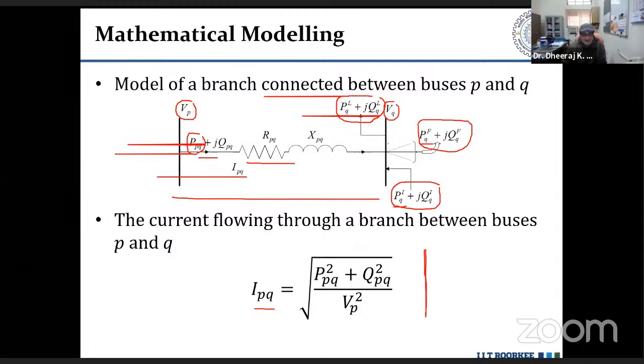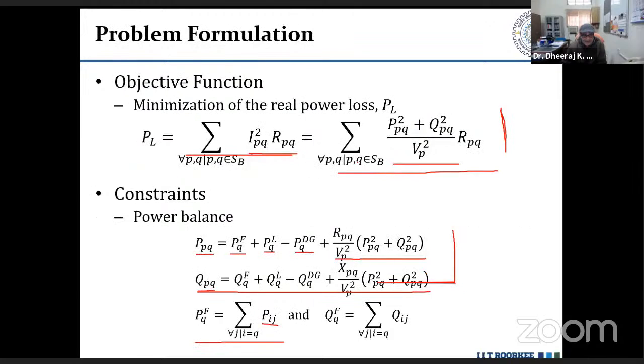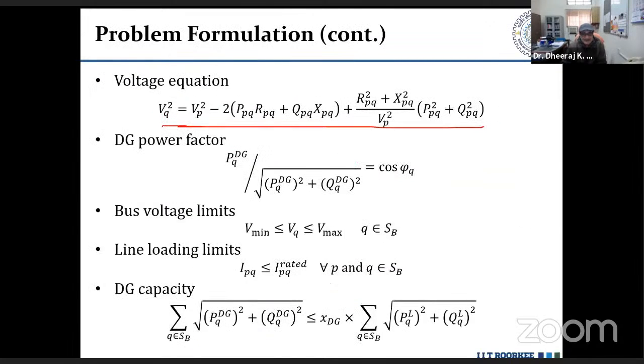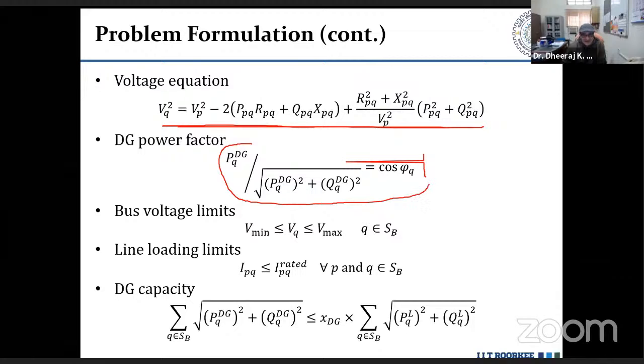Basically this voltage is related to this voltage minus the drop occurring in this branch. This is the restriction regarding power factor: we are assuming that power factor is constant, so whatever P and Q we are taking from DG should maintain this relation.